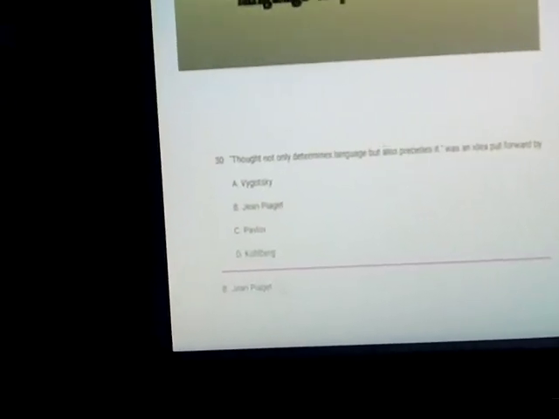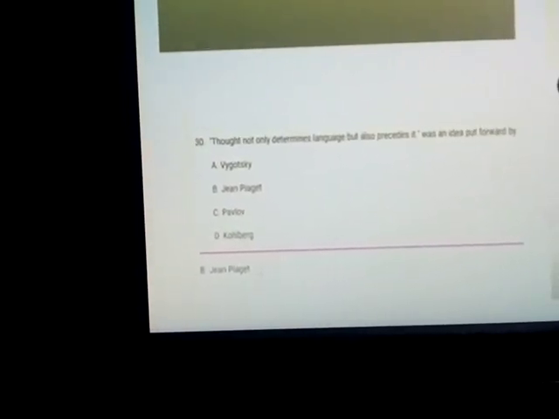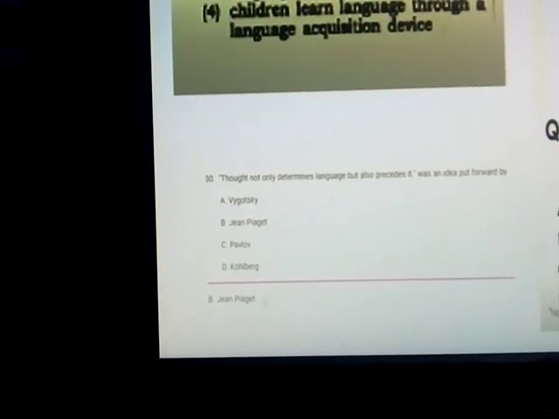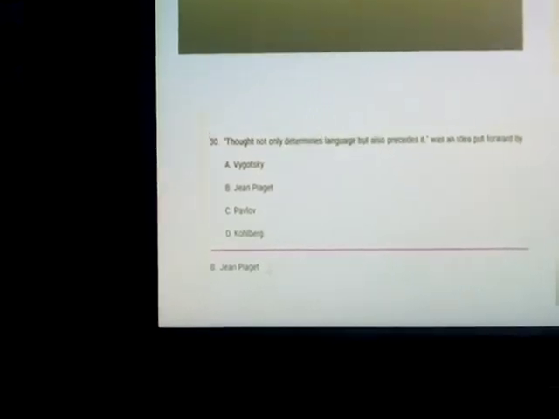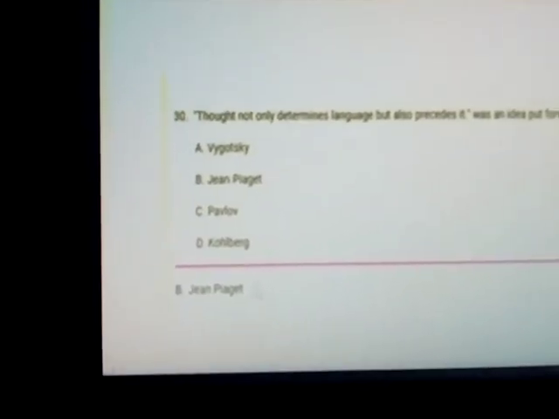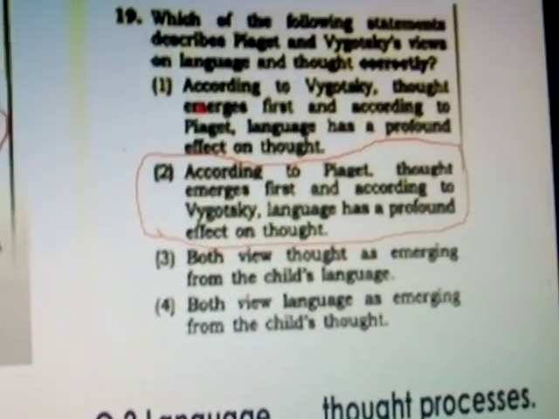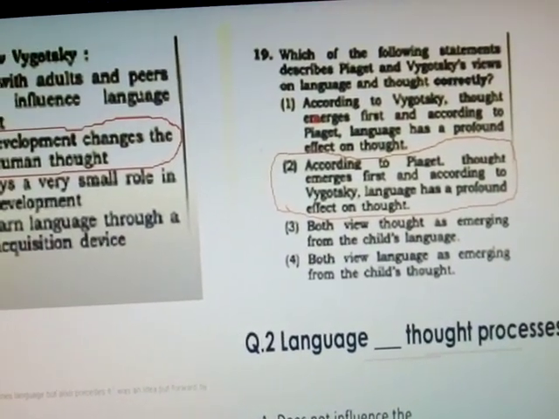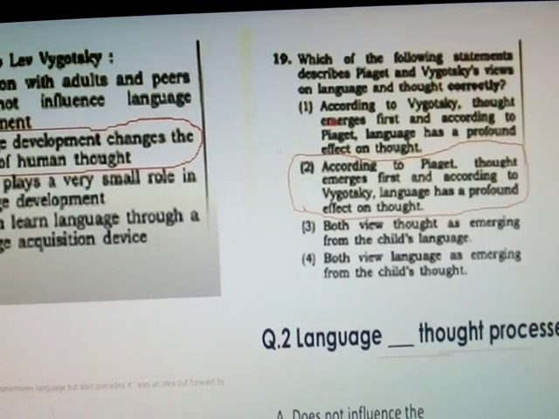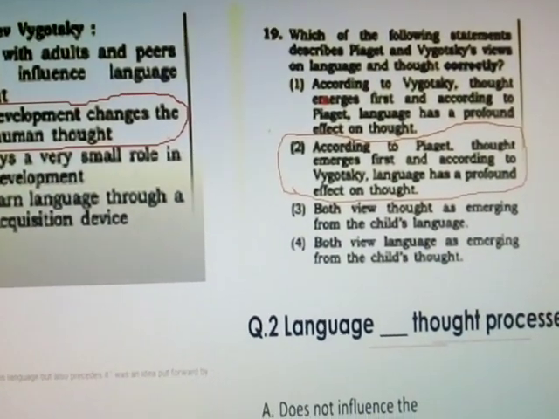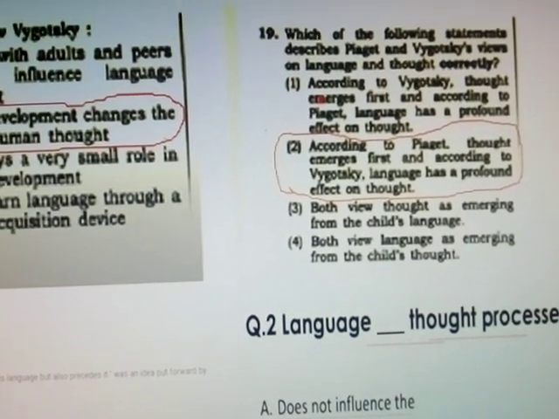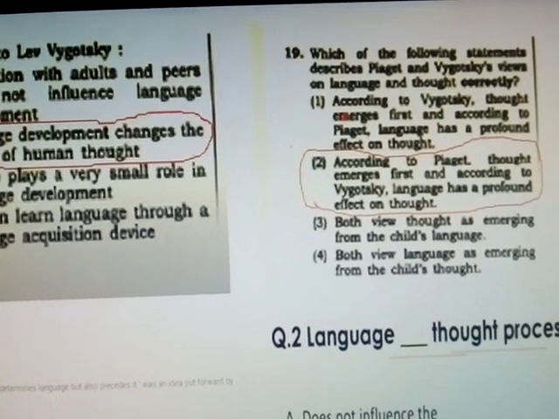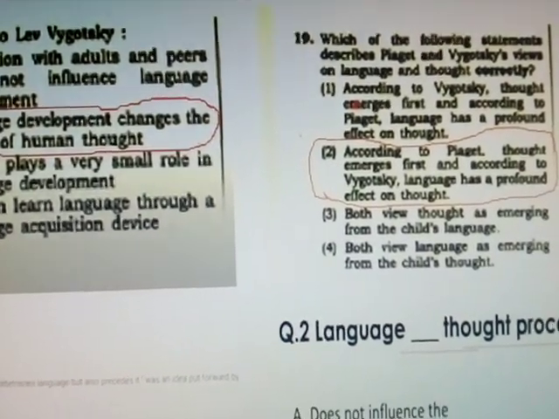Next: thought not only determines language but also precedes it. This idea was put forward by whom? Answer B, Piaget. Which of the following statements describes Piaget and Vygotsky's views on language and thought correctly? Answer 2: according to Piaget, thought emerges first, and according to Vygotsky, language has a profound effect on thought.